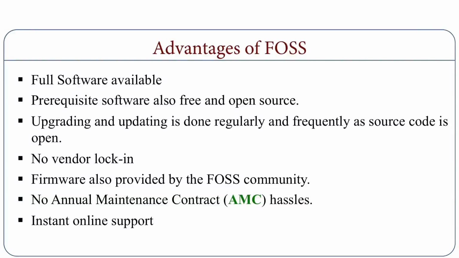You only need to write an email and within a few minutes you get a lot of support from various software developers and also the users of the software. You need not wait till the vendor sends the concerned person, unlike proprietary software. Hence, these are the reasons that libraries are now largely looking up to free and open source software.